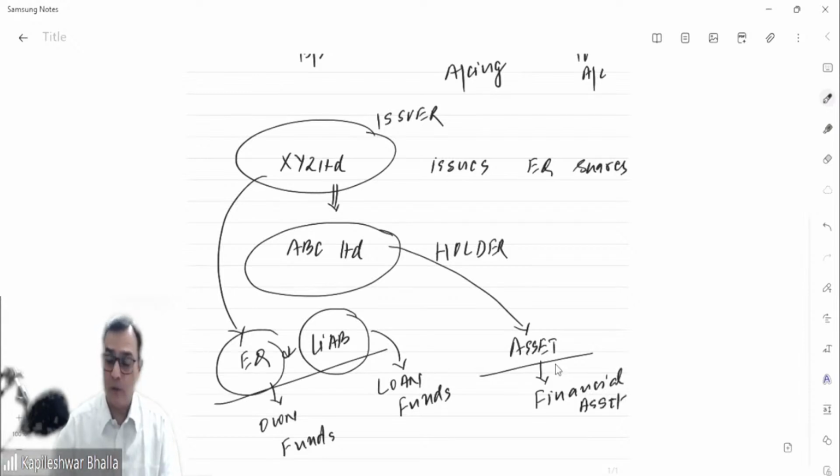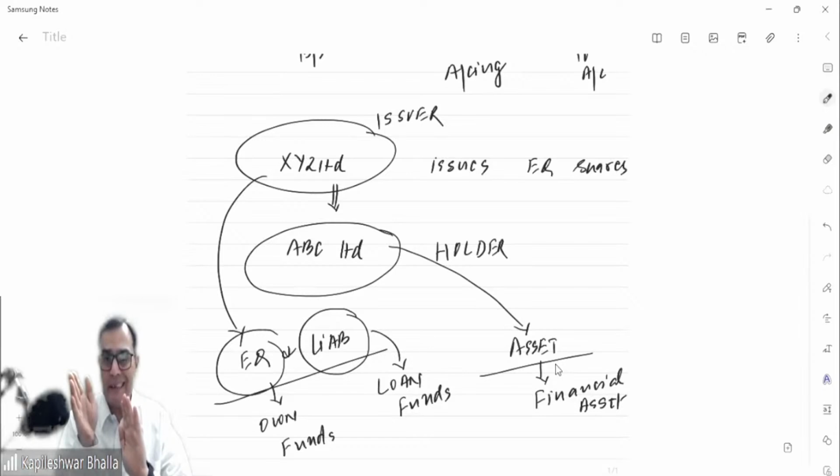Okay, so I think one thing is pretty clear in my mind now. Let's recollect what we've learned. When a company issues an instrument, the party is called an issuer, and the other party who makes an investment is called the holder. So there are two parties in a financial instrument: one is the issuer of the instrument, and one is the holder of the instrument.